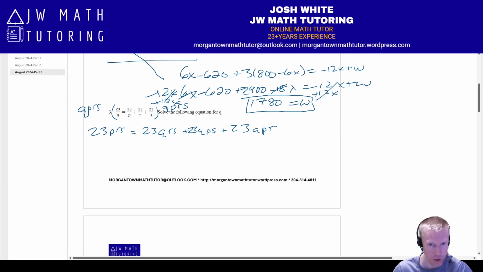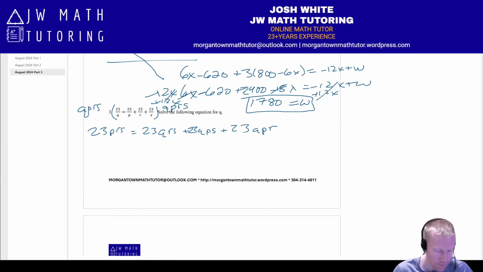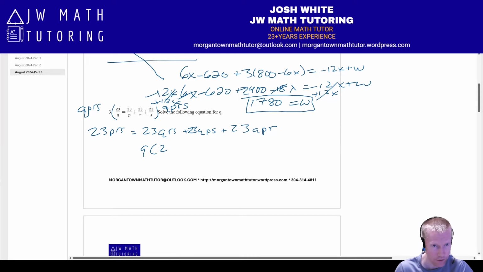Now we want to solve this for Q. That means we need all of the Q terms on the right side. So all we have to do is now basically factor a Q out over here. That's actually already done. Notice all the 3 terms with Q's are all on the right side. So we can just do the next step, which is factor a Q out of all these terms.